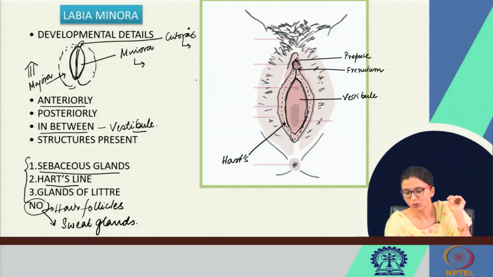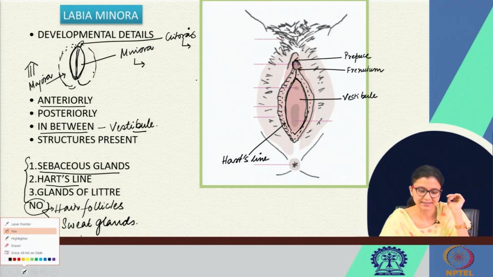This is also known as the vestibule of Hart, which signifies that the epithelium lateral to this line is keratinized stratified squamous, and the epithelium medial to this line is non-keratinized.